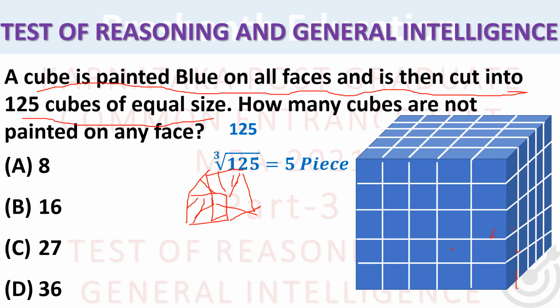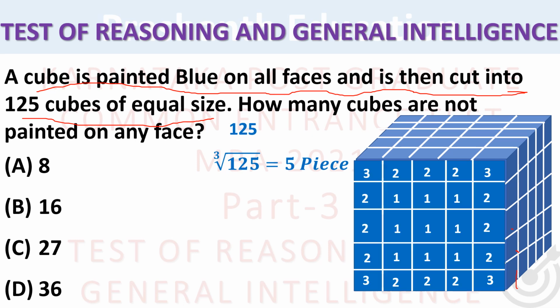Now what we will do is take the whole 125 pieces and subtract all those pieces which are painted, then we will get the pieces which are not painted. See, this three face, two face, two, two, three, two, two, two. Three faces are painted and the rest of the faces are not painted. Now if we subtract all from this 125 we will get the answer.